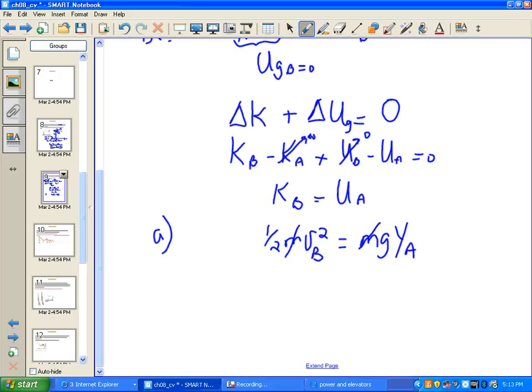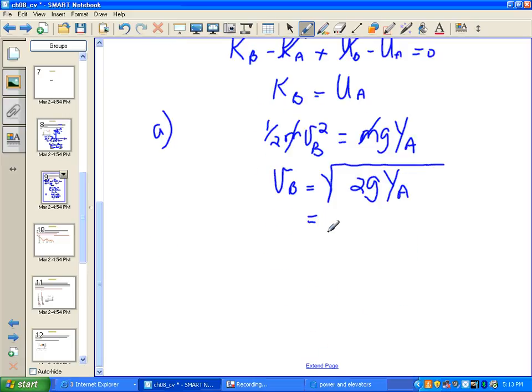Notice that the m's cancel, and so vB is equal to the square root of 2 g yA. And recall that we wrote yA, let's expand on this a little bit, as L minus L cosine of 37 degrees.